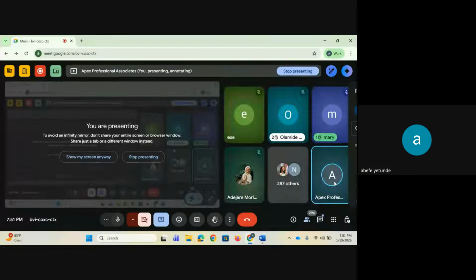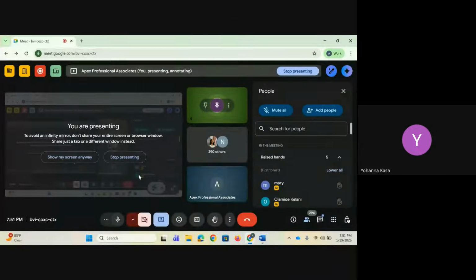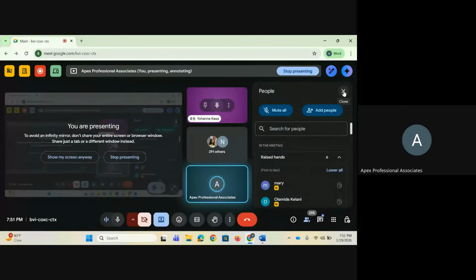Please hold on, one person at a time. I can't listen to two people at the same time. And please mute your mics to enable us get the point clearly. You don't have to speak out at all. All you need to do is raise your hand. It's not a physical hand you are raising, it's just to click that button.